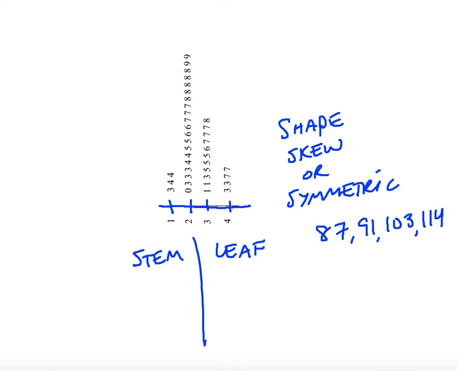My leaves are only going to be these last digits. So that means that the stems would have to be like 8, 9, 10, 11. So then the leaf would be a 7, a 1, a 3, and a 4.